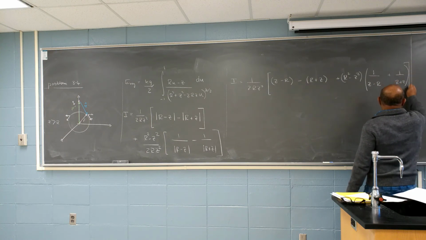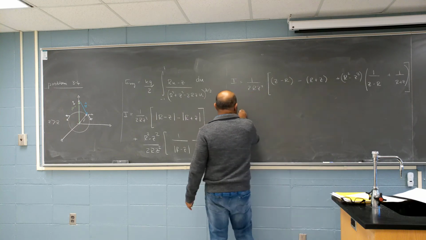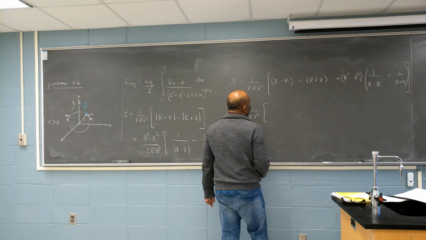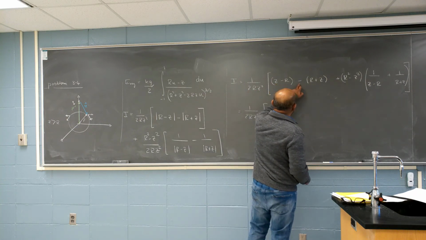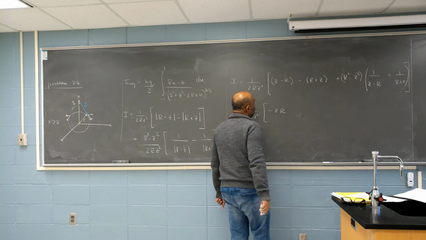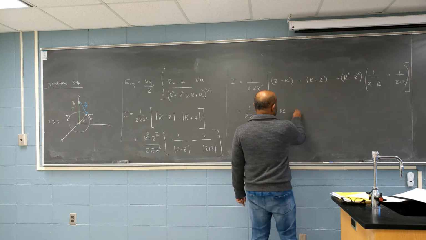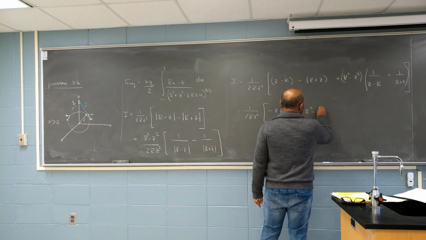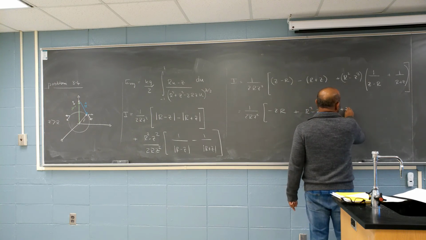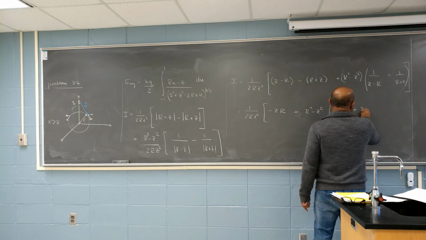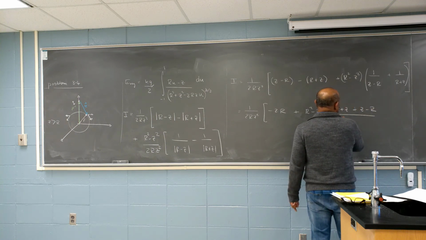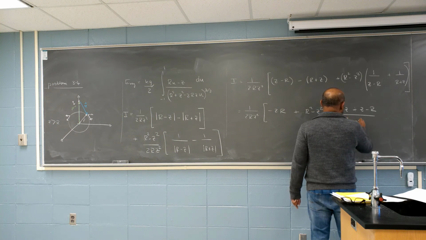Let's try to simplify this. 1 over 2r z squared. I have minus r, the z's would cancel, so I have minus 2r plus r squared minus z squared times r plus z minus r over z squared minus r squared.